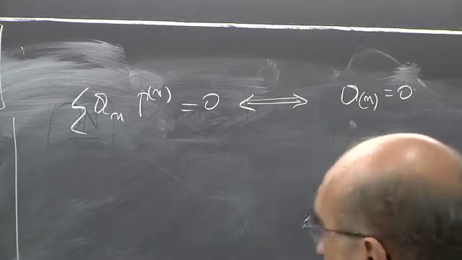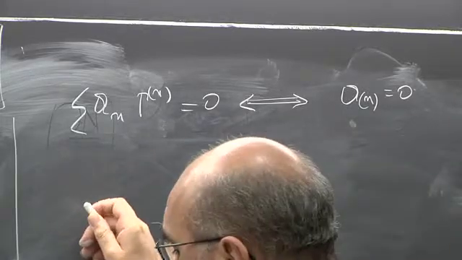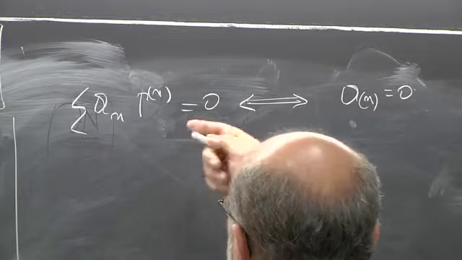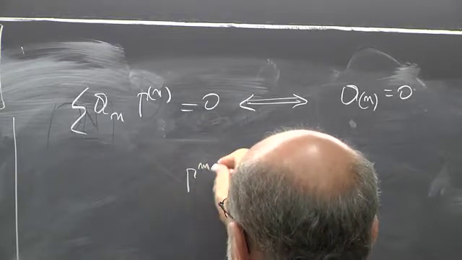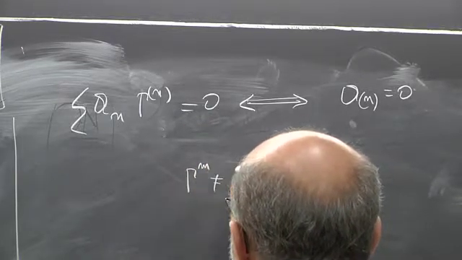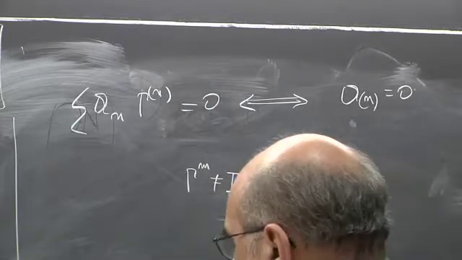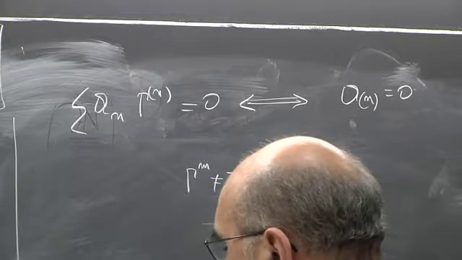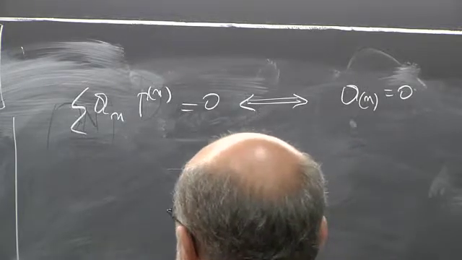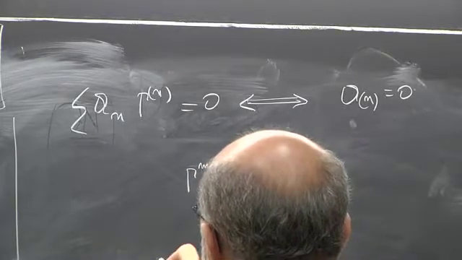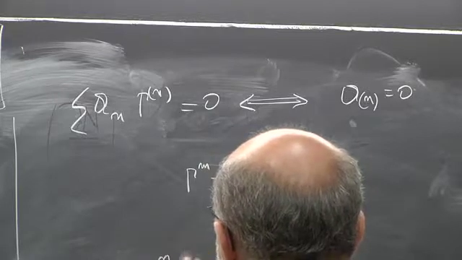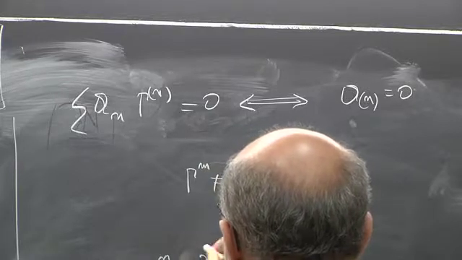So let's multiply on the right by gamma m, with a gamma n different from the identity, and then we have the sum of a_n gamma n gamma m.